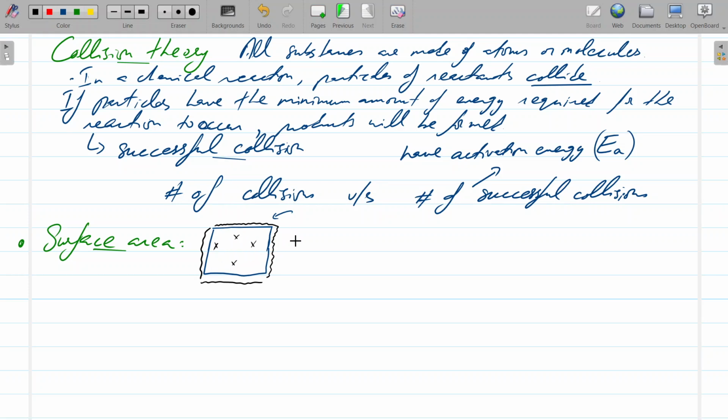But what if you were to cut it up? What if you took this block and made it smaller, so you cut it up into 4 blocks. Assume that this is the same size as that block, and now you're washing it with water. Water is obviously coming on the external surface that was available before, but it's also going in between.